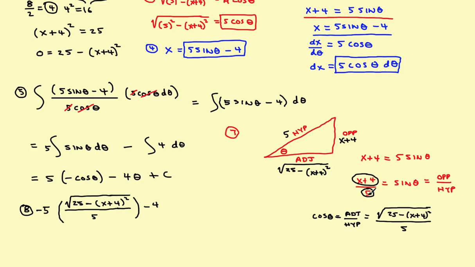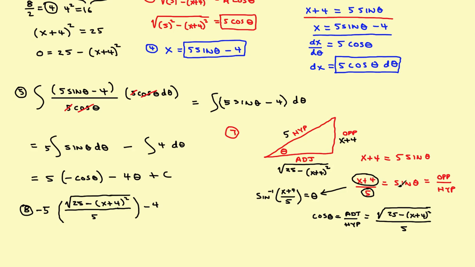If x plus 4 divided by 5 is equal to sine of theta, take the inverse sine of both sides, and you would get the inverse sine of x plus 4 divided by 5 is equal to theta. So all you're doing is using this and turning it into that.